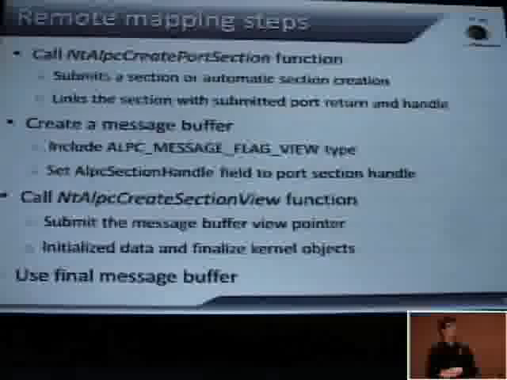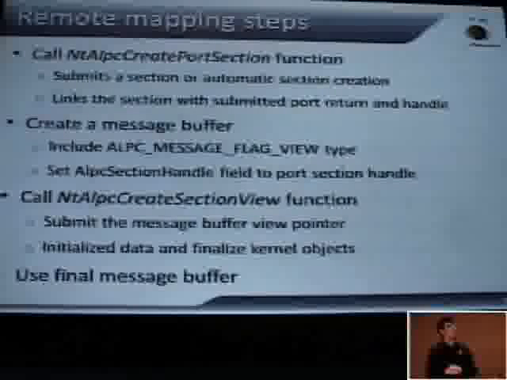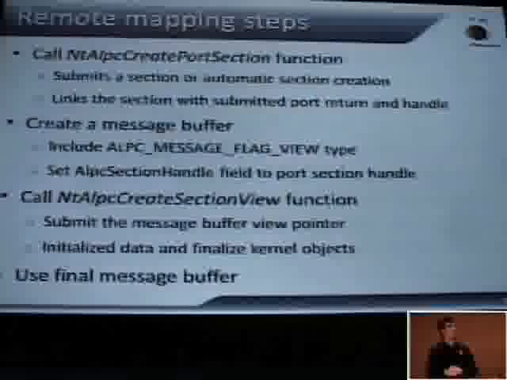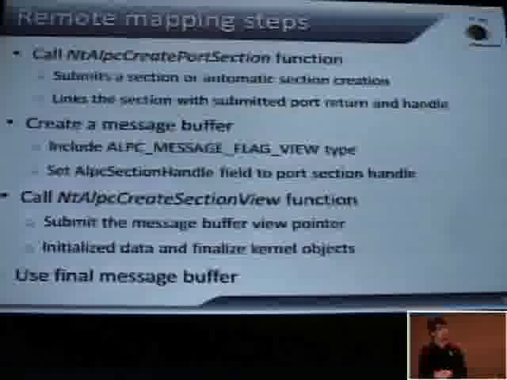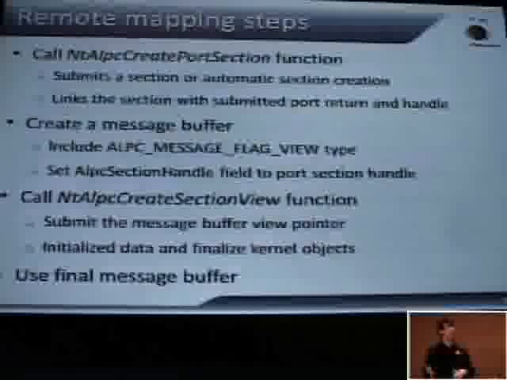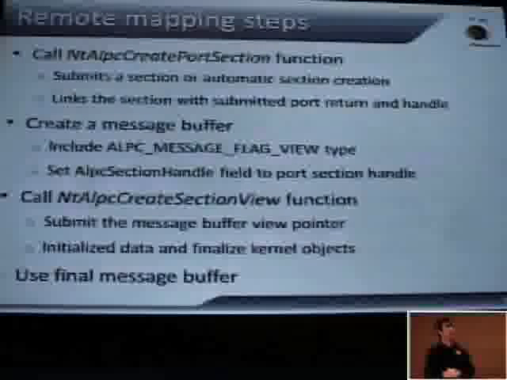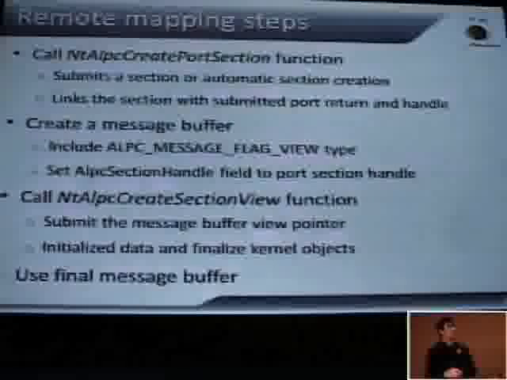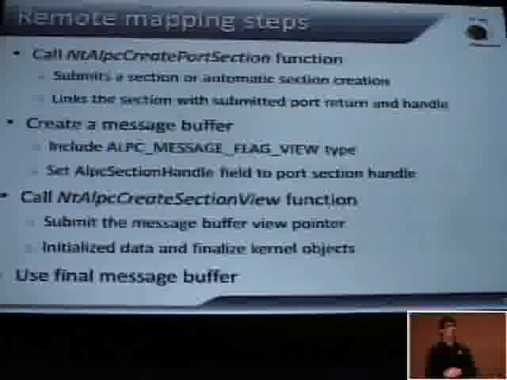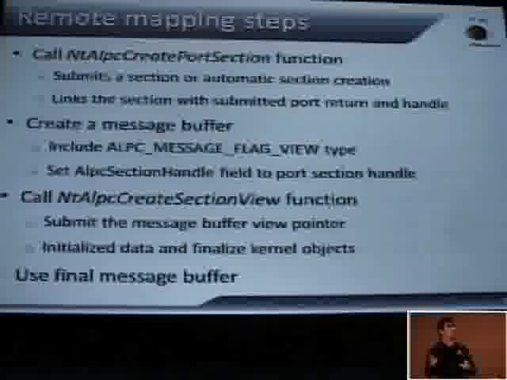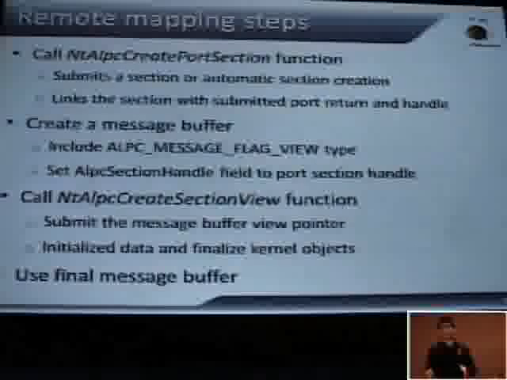This handle must be set in the entry of the dynamic message buffer of the type ALPC_MESSAGE_FLAG view, and this entry must be submitted to the NtAlpcCreateSectionView function. Basically, it will initialize this structure and create another representation called a view in the kernel. Finally, you have the message buffer ready to be sent.